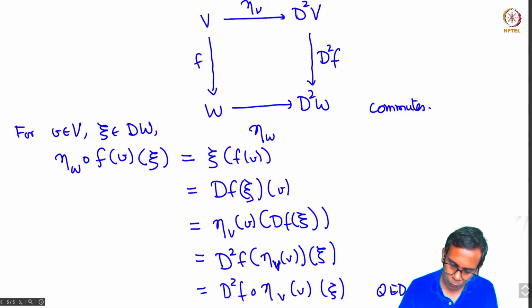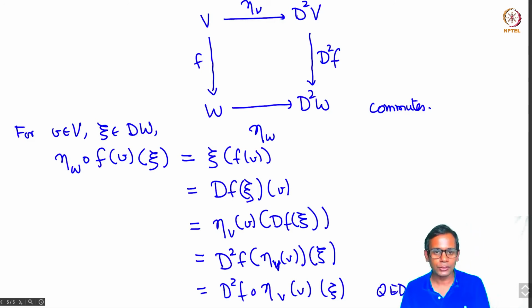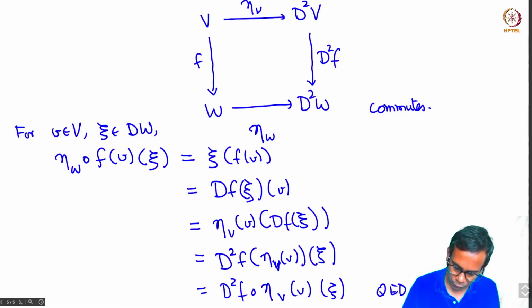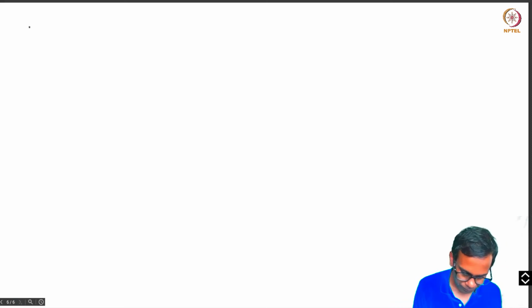Okay, one last example of a natural transformation, which is of a very different nature from the two we have considered so far. Let's consider the categories with one object.